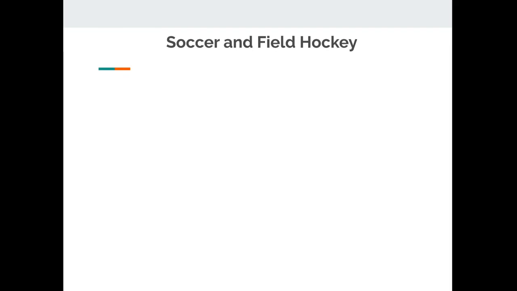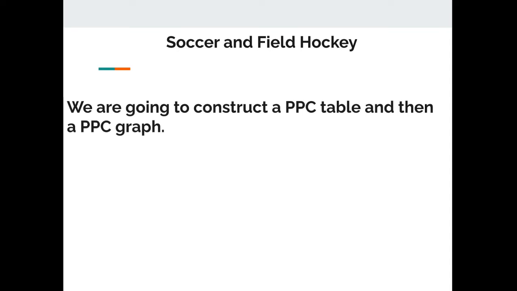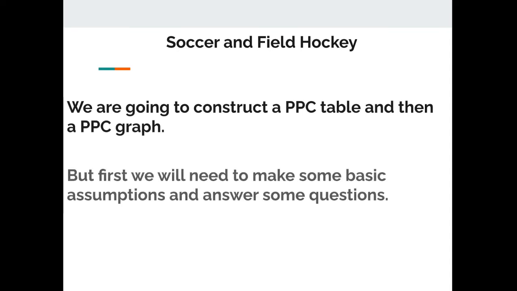Right? One of the examples I like to do with this is to take it and look at something at our school, right? I want to look at the soccer and field hockey. So we're going to construct the PPC table, and then we're going to graph it. Okay, but first we're going to need to make some basic assumptions and answer some questions.